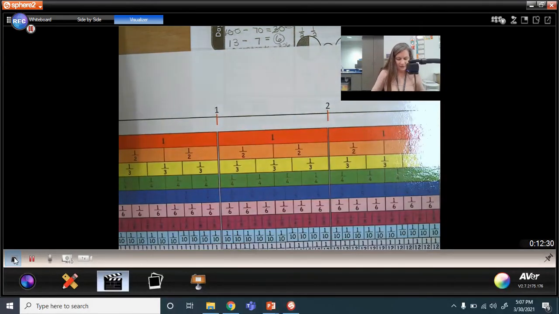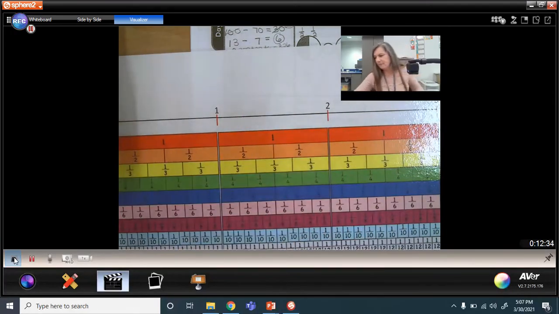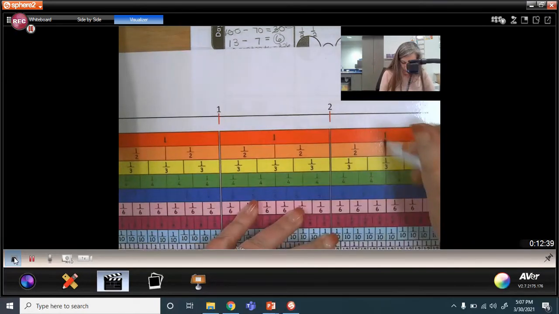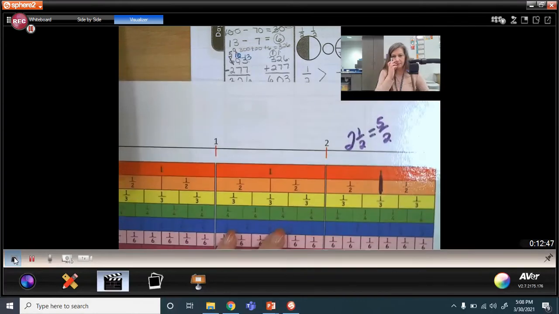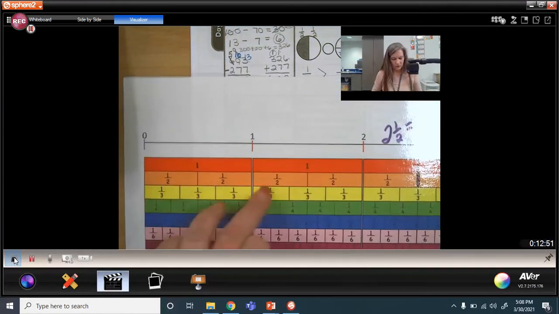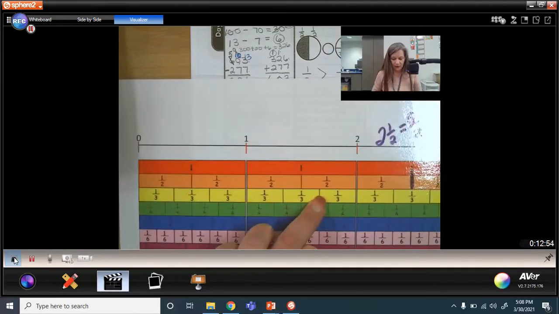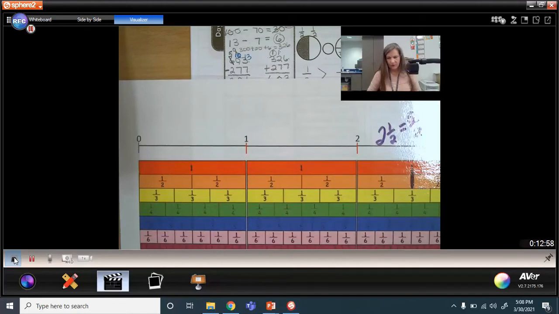So 5 halves is the same as 2 1/2. So 2 1/2 up to here is equal to 5 halves. Okay, we can see that. 1, 2, 3, 4, up to 2 would be 4 halves, and then 1 more makes 5 halves.